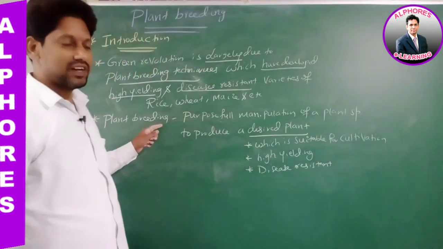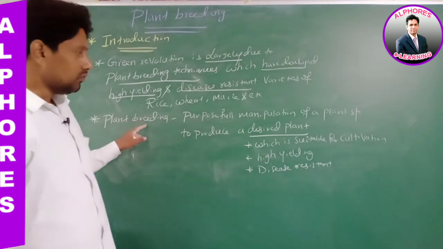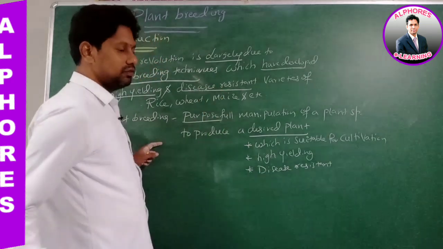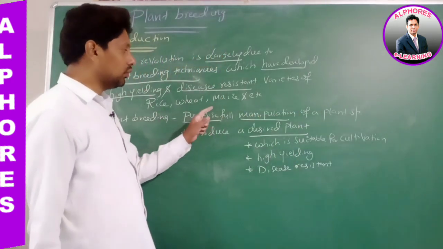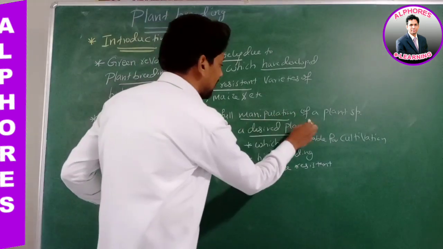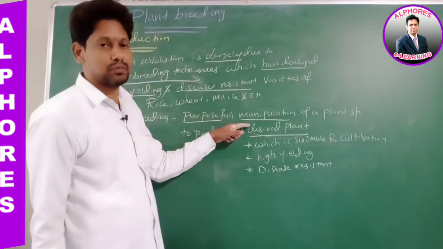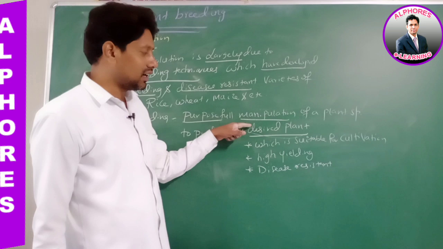Therefore, see this definition once. Sir, we are defining plant breeding, right? With a purpose, we are manipulating the plant. Due to this purposeful manipulation of a plant, we got a desired plant. Desired plant means plant with desirable characters. Sir, what are the desirable characters in this plant?